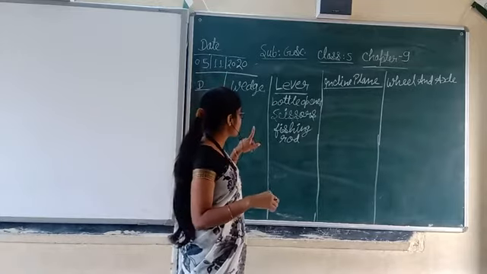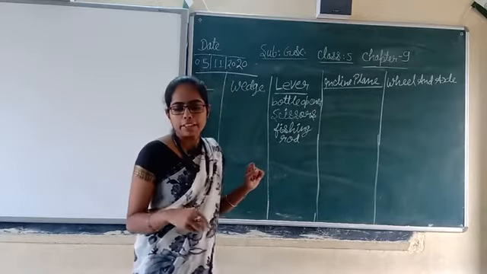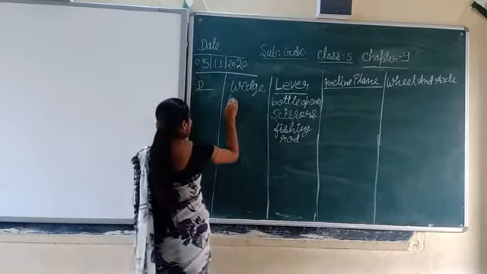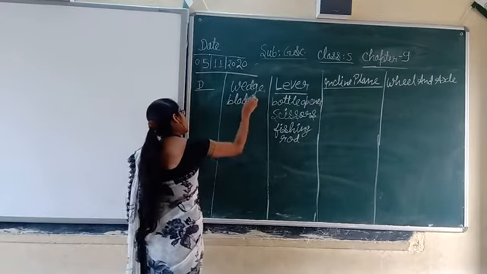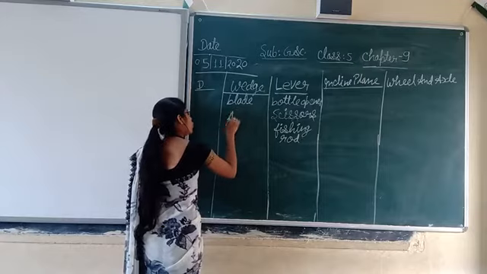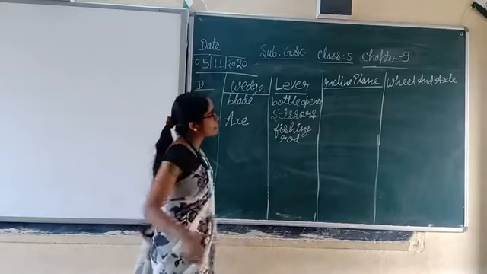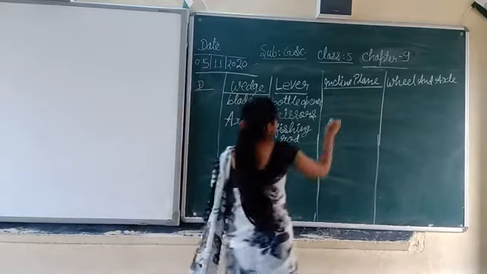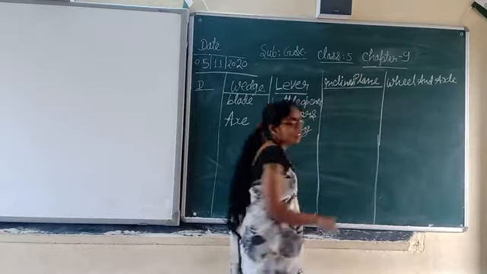This 3 comes under this category, lever. Then veg, blood and eggs.